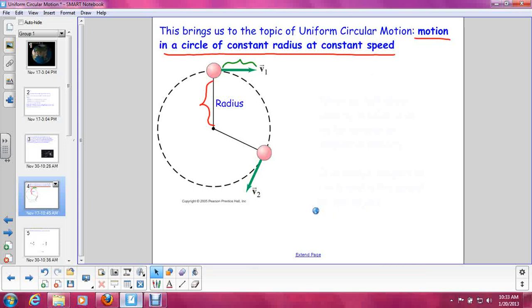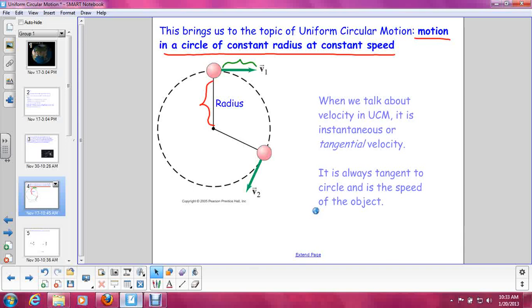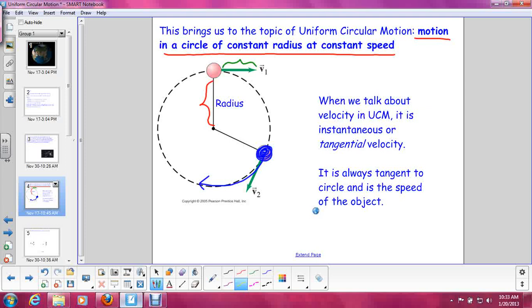So when we actually talk about the velocity of an object in uniform circular motion, we talk about its instantaneous or tangential velocity. And tangential is one of those weird geometry words. What that means is when we look at the velocity of an object, if this ball is traveling around the circle this way, its velocity at this exact point is equal to starting at the center of the object and moving straight out from the circle.